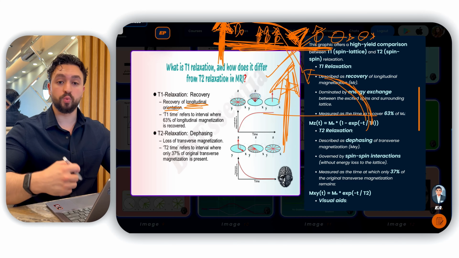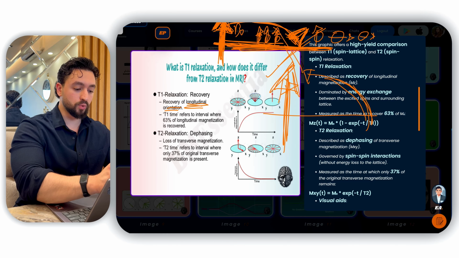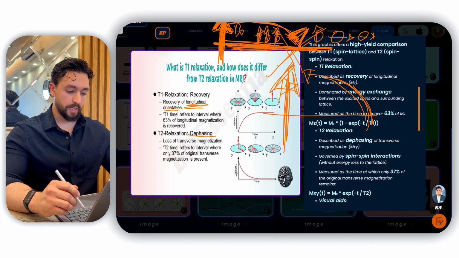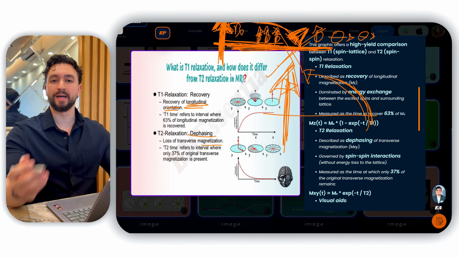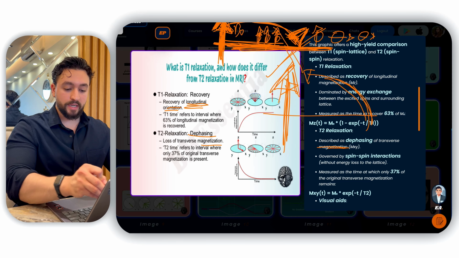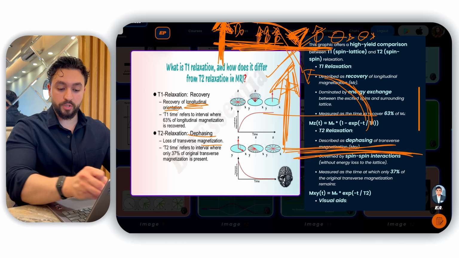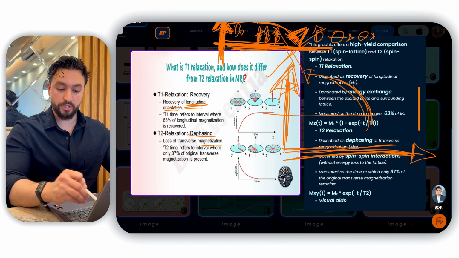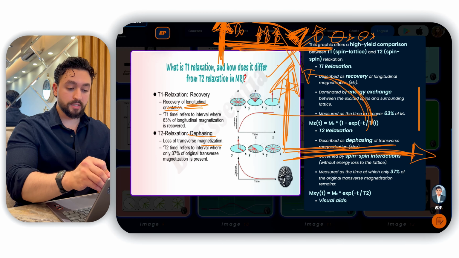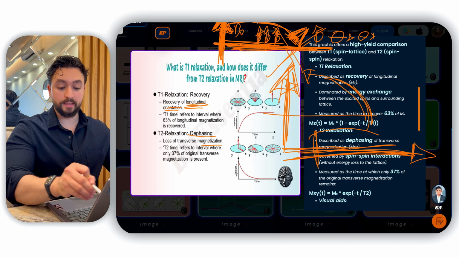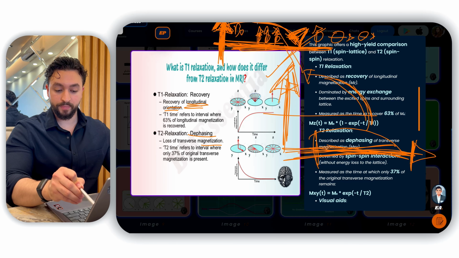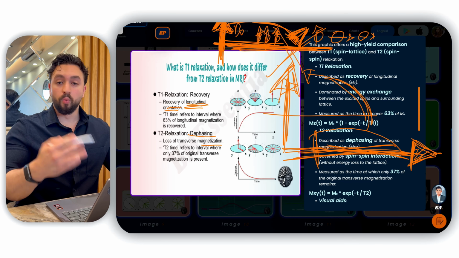What happens as well simultaneously is T2, which is the dephasing part, which is loss of transverse magnetization. What do we mean? The transverse plane is the plane which is parallel to the patient positioning, which is this plane. When we applied the RF pulse, the net magnetization vector went into this plane and it became parallel to this transverse plane. Why did that happen?